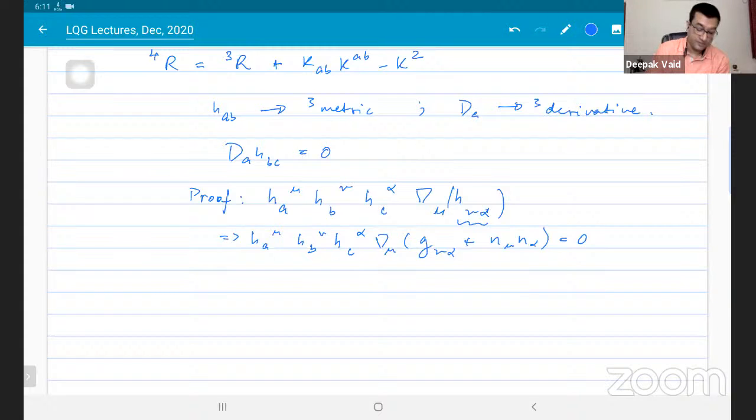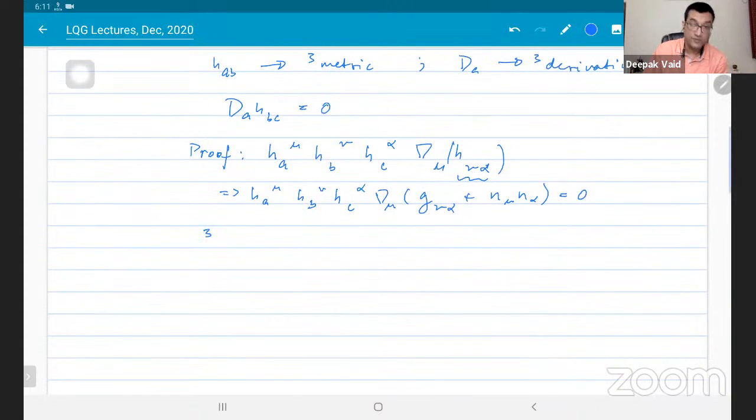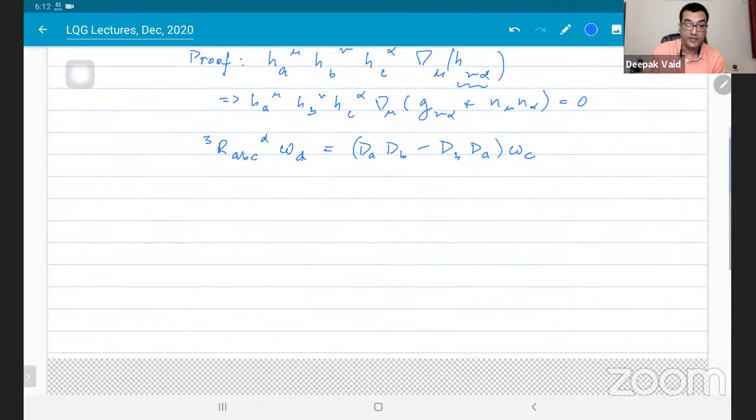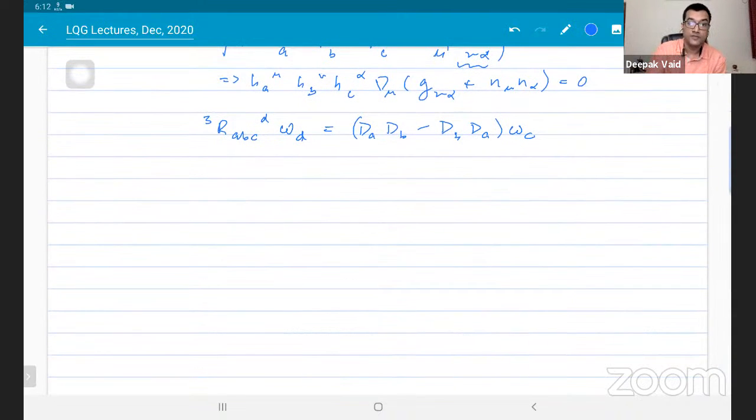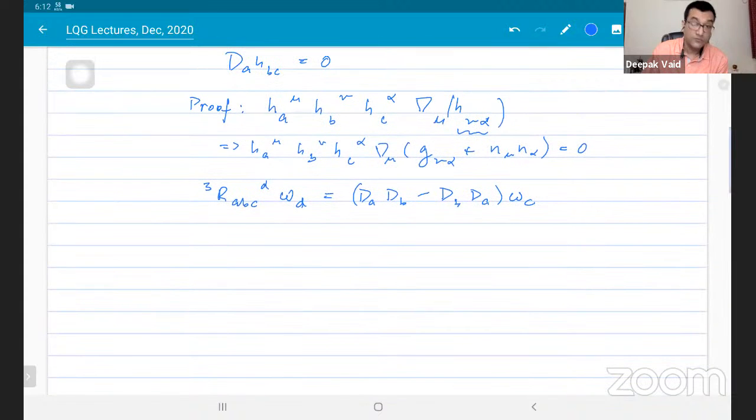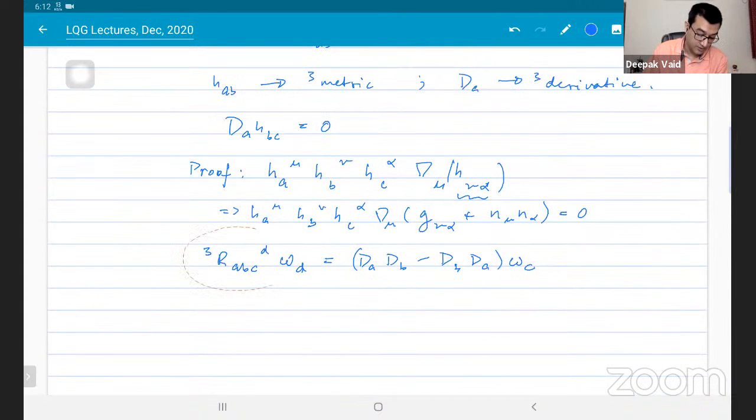Once you have this, then you can define the associated Riemann tensor. This is the 3-dimensional Riemann tensor, defined in exactly the same way as you do it for any manifold. What we want to do is find the relationship between this Riemann tensor and the 4-dimensional Riemann tensor.